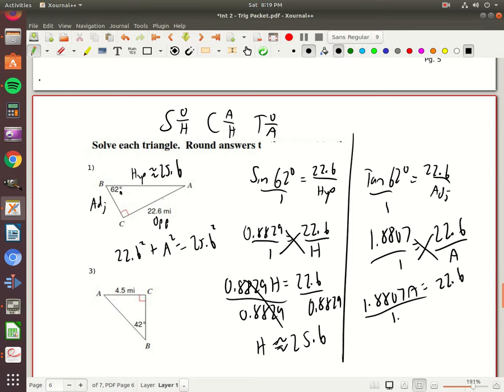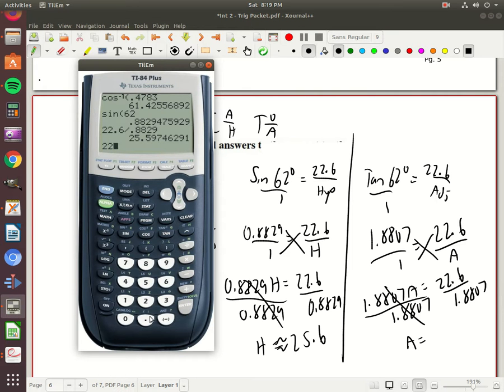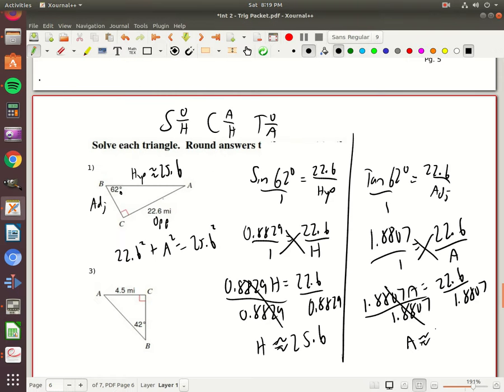I will divide by 1.8807, and I'm going to get a is equal to 22.6 divided by 1.8807. So I will get 12.02 about is what our adjacent is going to be.